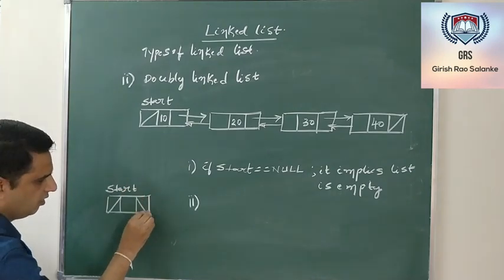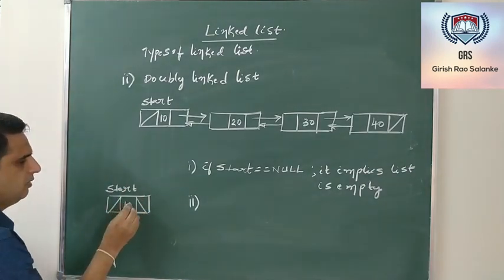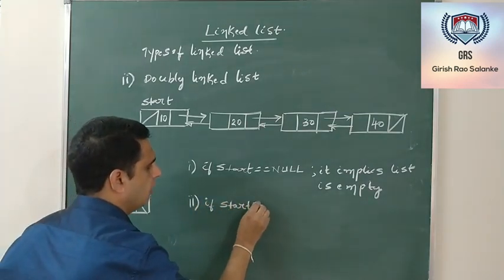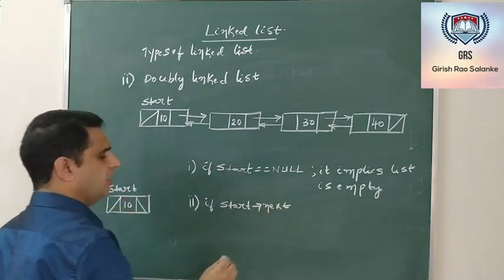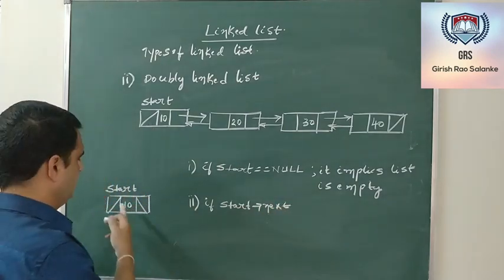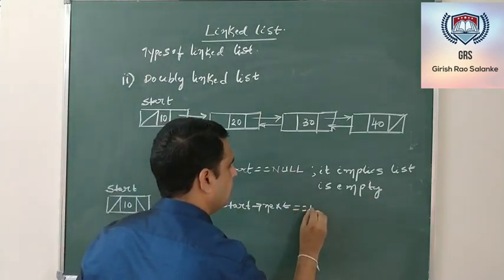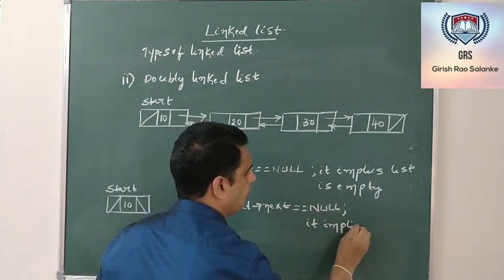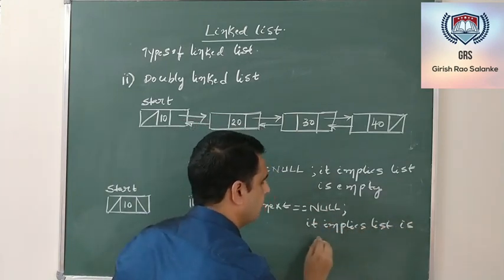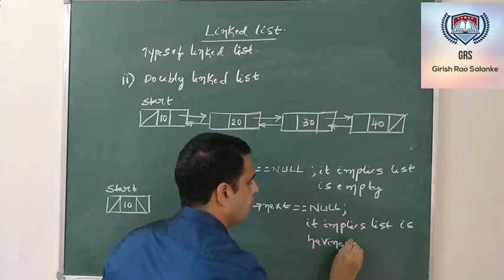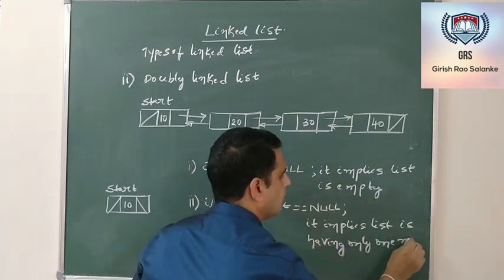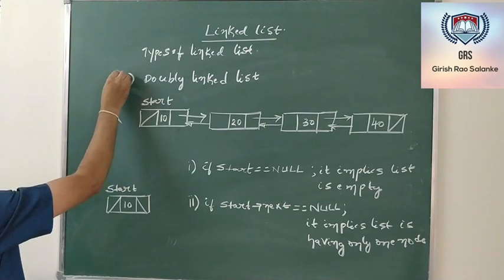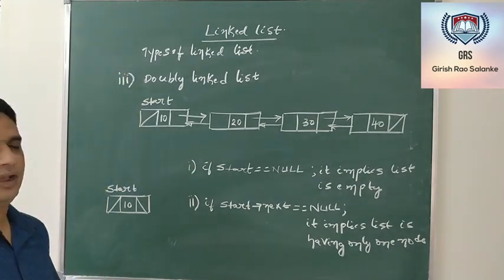If the next address is also null, then it implies that your list is having only one node. So start of next, if start of next is equal to null, it implies the list is having only one node. So this is about the third category of linked list by name double linked list.